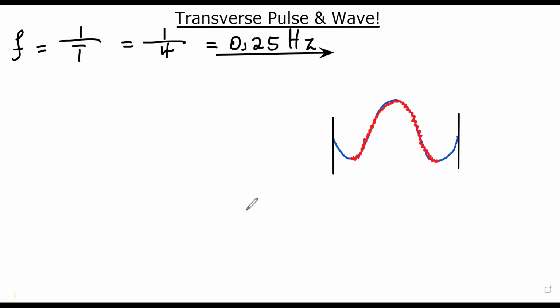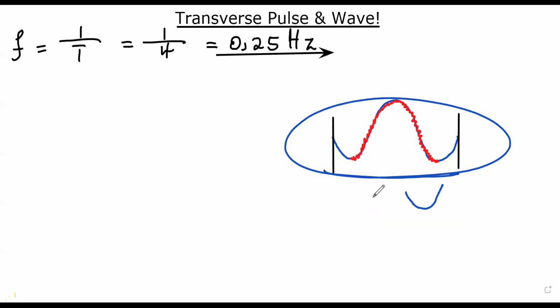Now, if you take the remaining 2 portions and you add them up, it's going to give you a pulse. So it's going to give you something like that. So what can we say? We can say this is a pulse, which is half of a wave.